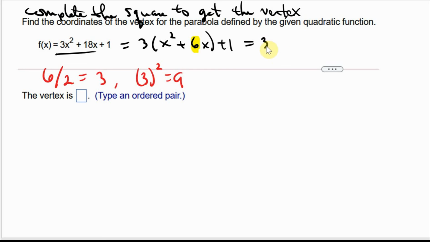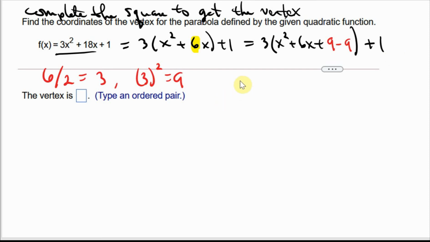So we take the 9 and we add it and subtract it within the parentheses. So here we get 3 times parentheses x squared plus 6x plus 9 minus 9. Just to show you that we just added a sophisticated 0. We didn't change the problem. That is, we didn't mess it up, right?